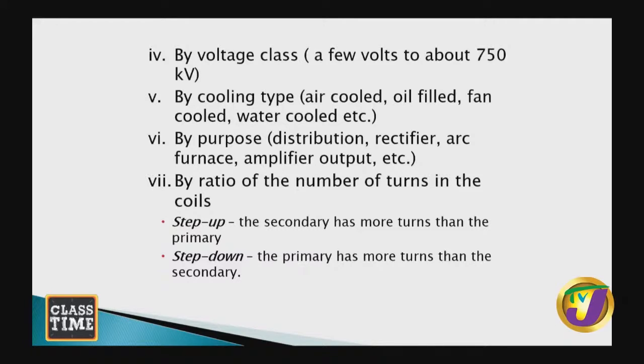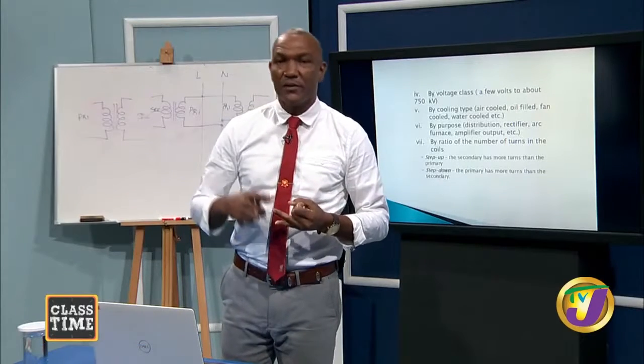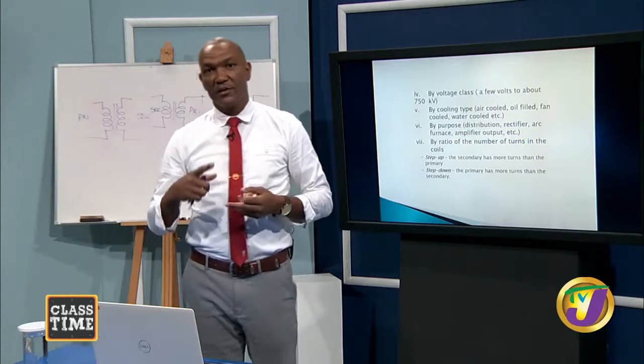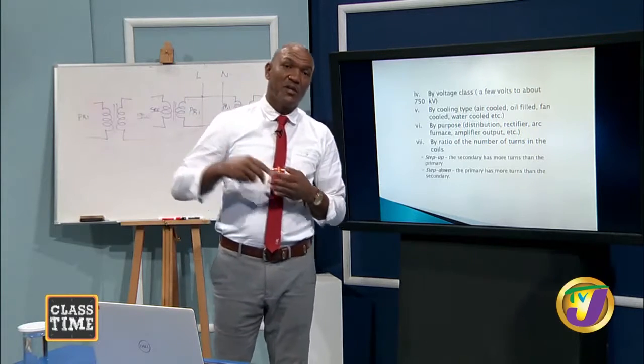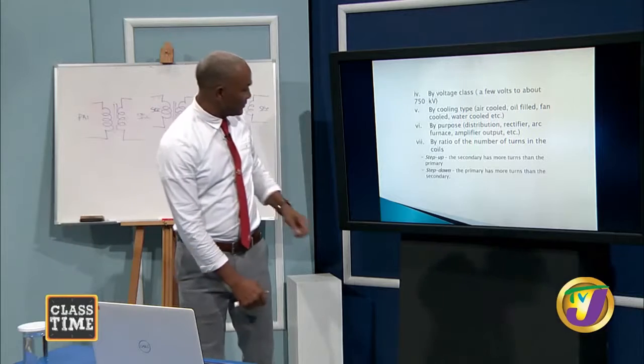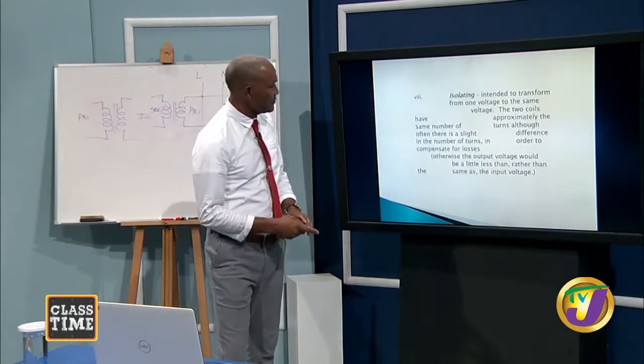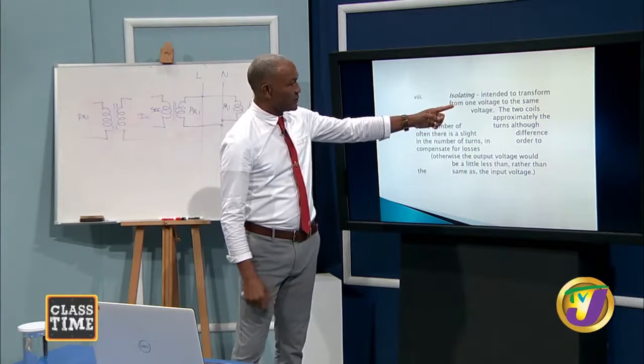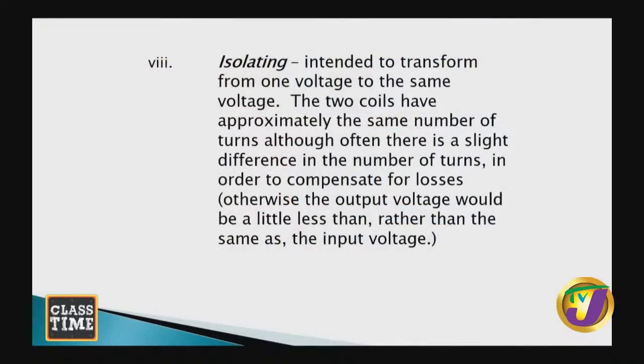By the ratio of number of turns, and this is what we're going to be using today mainly, because we're going to be talking about the relationship between the number of turns in the primary, the number of turns in the secondary, the voltage that is applied to the transformer, and what voltage the transformer will give out. Isolation transformer: intended to transform from one voltage to the same voltage, meaning whatever voltage goes into the transformer, practically the same voltage you're getting out.